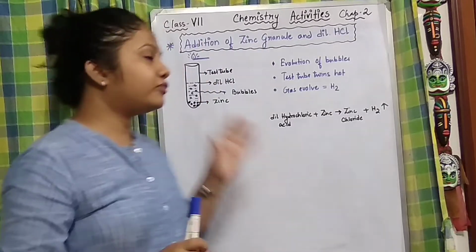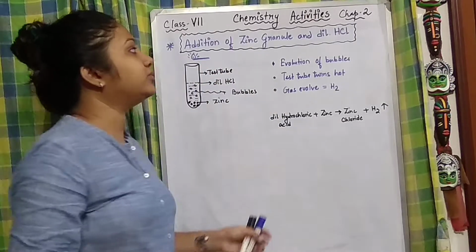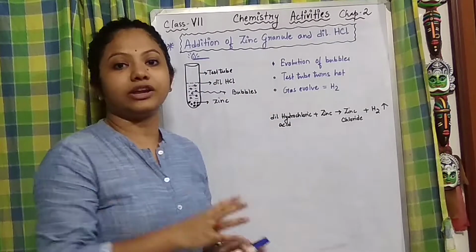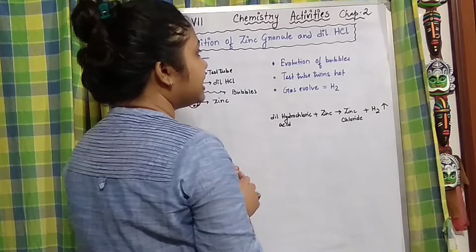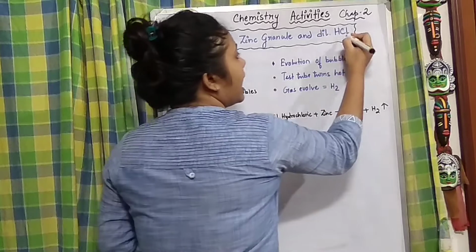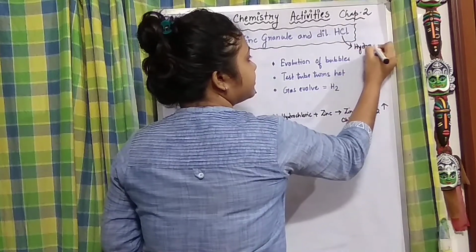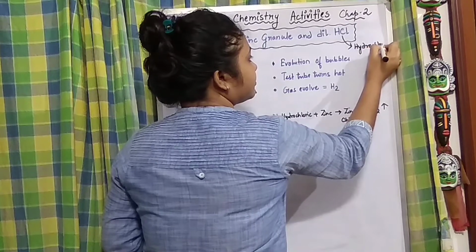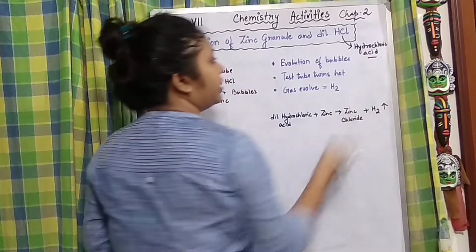Okay. So first we will start with the addition of zinc granules and dilute hydrochloric acid. Now HCl stands for what? HCl stands for hydrochloric acid. Alright.